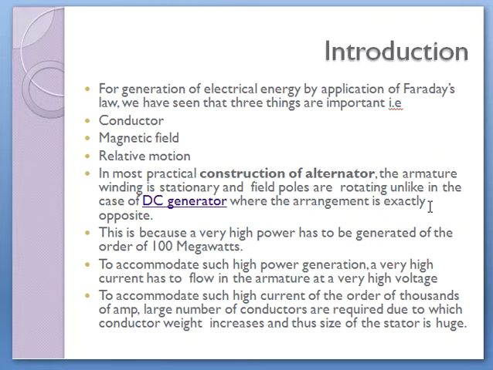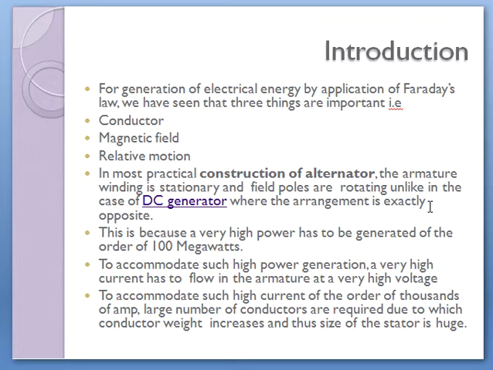For generation of electrical energy by application of Faraday's law, we have seen that three things are important: the conductor, the magnetic field, and relative motion between the two.